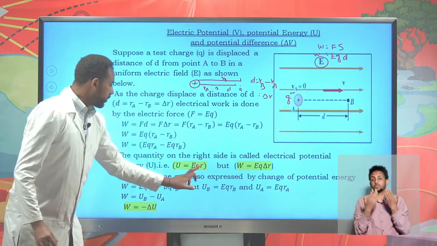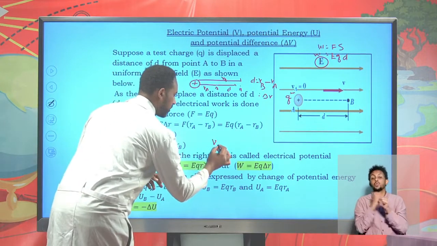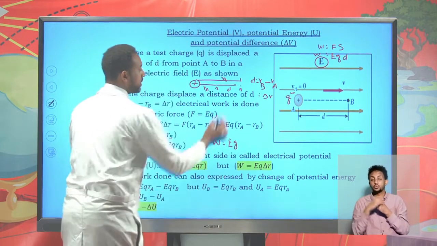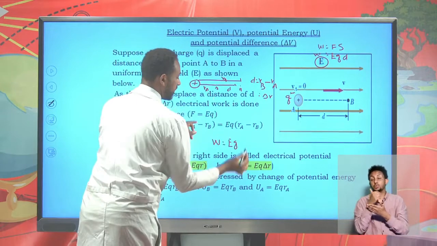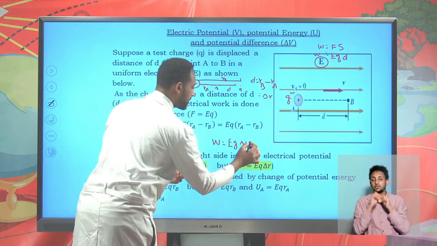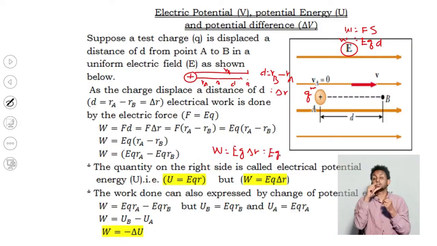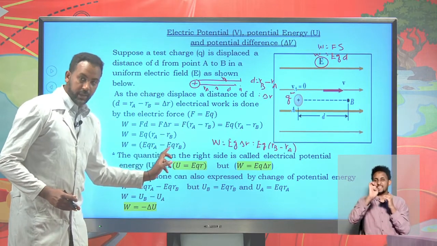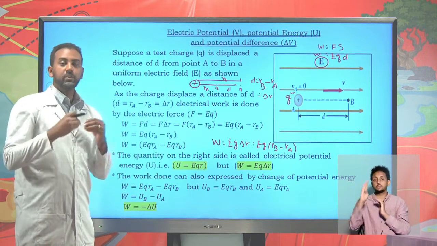So work equals E times Q, the charge, times the distance between A and B, which can be expressed as change in R. Or instead of change in R, you can substitute E, Q, R at point B minus R at point A. And the multiplication EQR at A minus EQR at B, for example. The difference of these two, EQR at A minus EQR at B, enables us to determine the work.